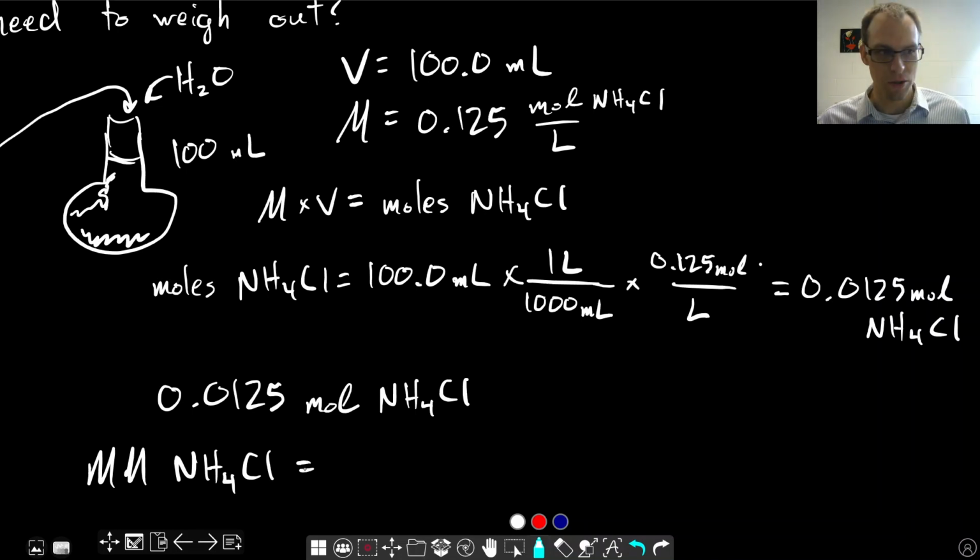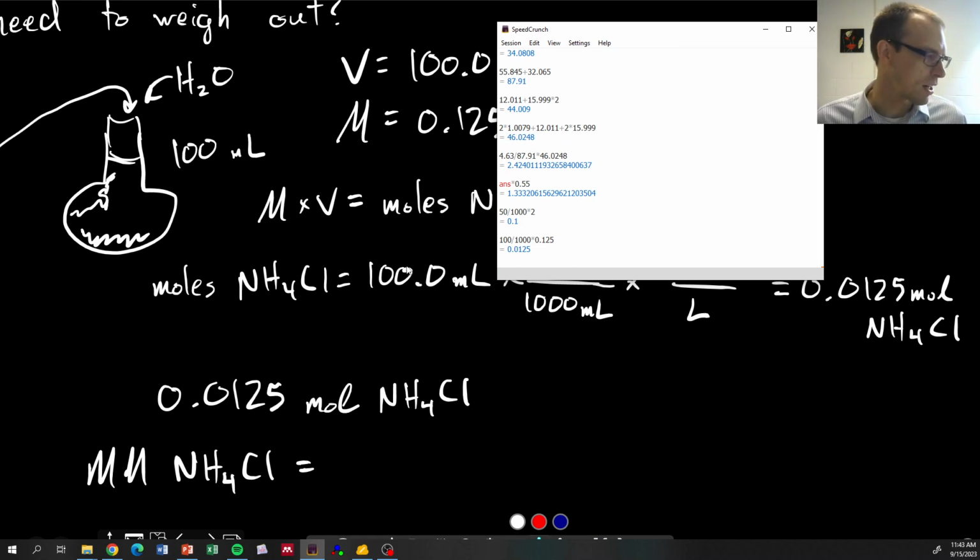I'm going to do that on my calculator here. You can't see, but I've got my periodic table right to the side. So we're going to need 1 nitrogen, which is 14.007. We're going to need 4 times hydrogen, 1.0079, and then 1 chlorine, which is 35.453.